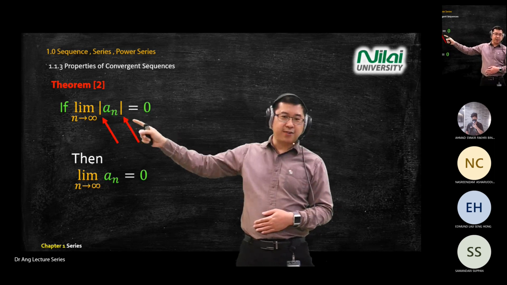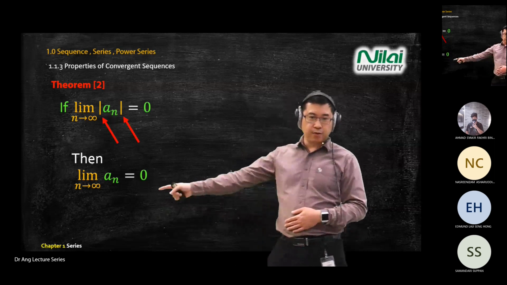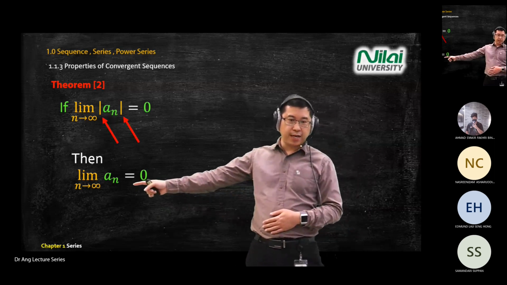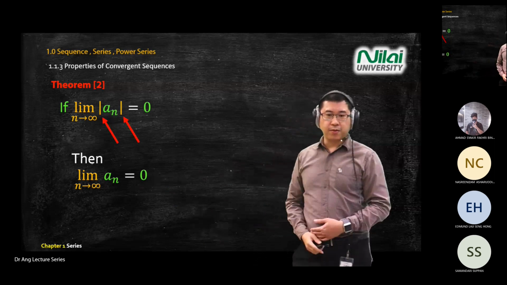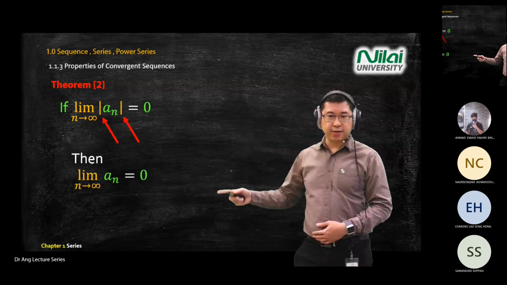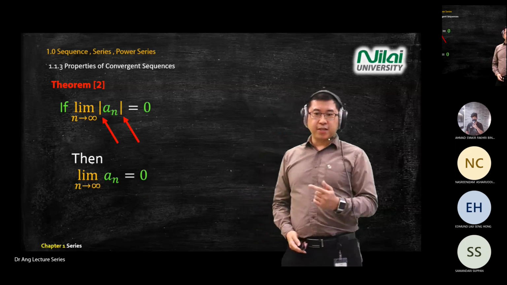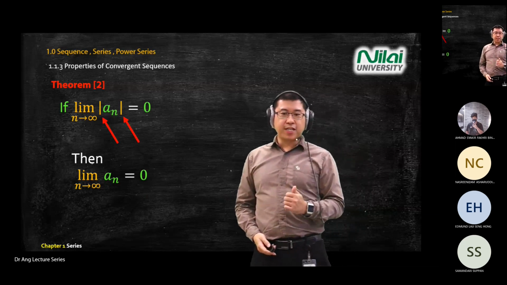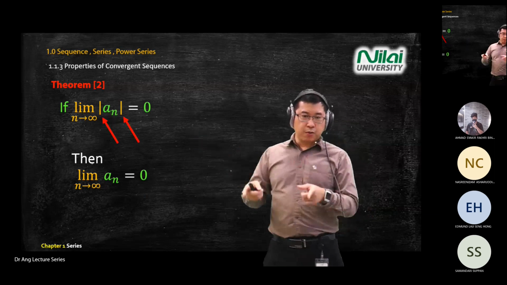You know that the limit as n increases to infinity, an will equal 0. So this is the second theorem. We have two theorems now, Theorem 1 and Theorem 2. Theorem 1 is about convergent equation. The second one is the theorem with the goalpost.